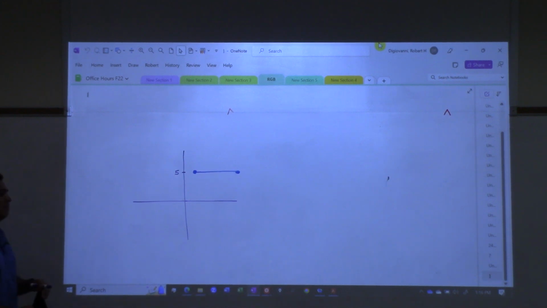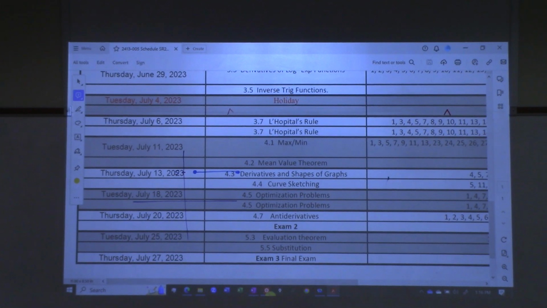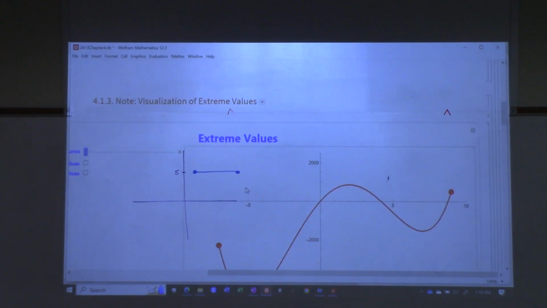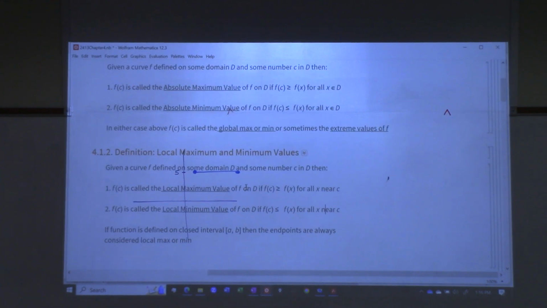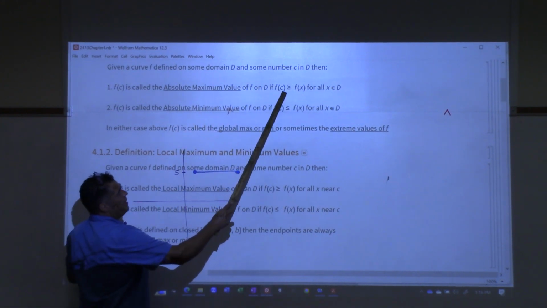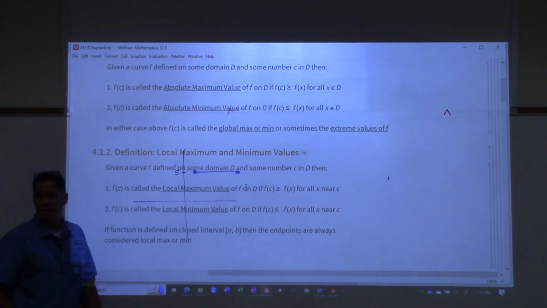You think so? Is this the highest point on the graph? It is the highest point on the graph. Let's go back to the definition for a second. The definition is what's going to tell us here. The definition says for an absolute maximum, it's some y value that is bigger than or equal to all the other values on the function.